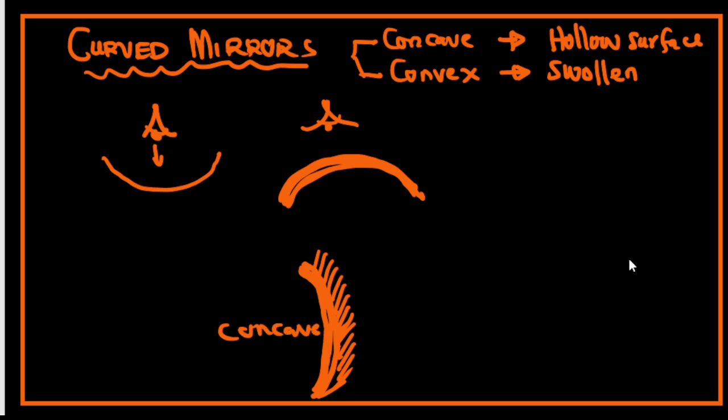Similarly, if you have something like this, and this side is shaded, as an observer who stays at this point, looking directly into this side, what you are seeing is a swollen surface. Because it is swollen, that makes it to be what? Convex.